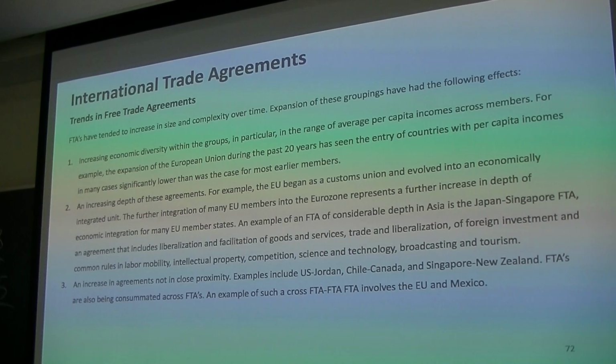And increasing depth: these free trade agreements have become increasingly deep.